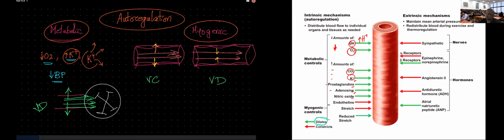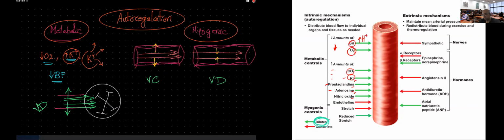So an increase in their levels means that I have self-destruction. So why would I have self-destruction? Simply because I didn't supply enough oxygen, enough nutrients to those cells for them to survive. So when those are high, it means I have less supply than what I need. So what will I do to the vessel carrying the blood to this organ? I will need them to dilate.